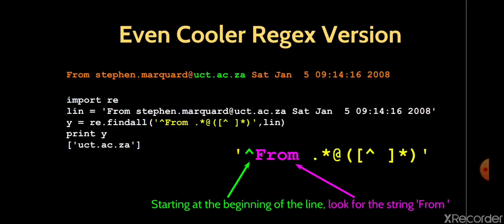So here we can write ^From, then we can have .*, then we can continue it with the same regular expression @ having parenthesis, and within the parenthesis we will have a character class saying ^ blank space, that is except a blank space, and you can match any other characters many times. So when you do this, this particular extraction will apply only to the lines that start with From.